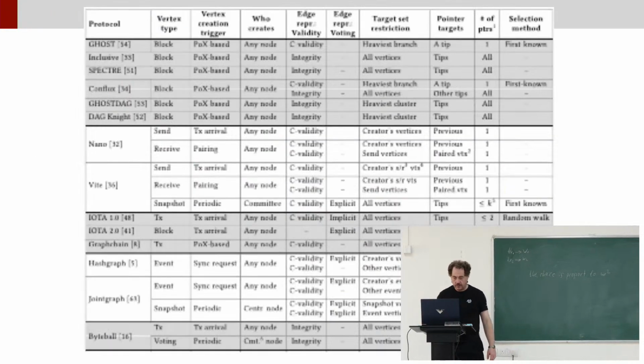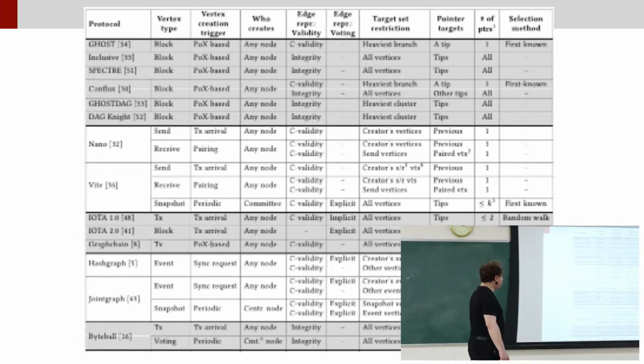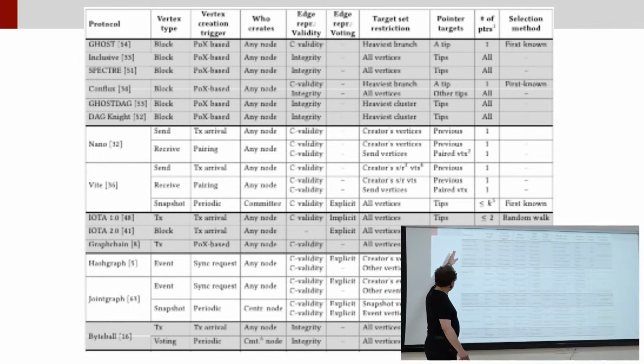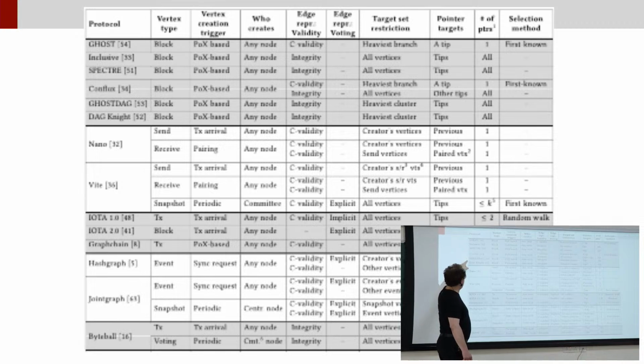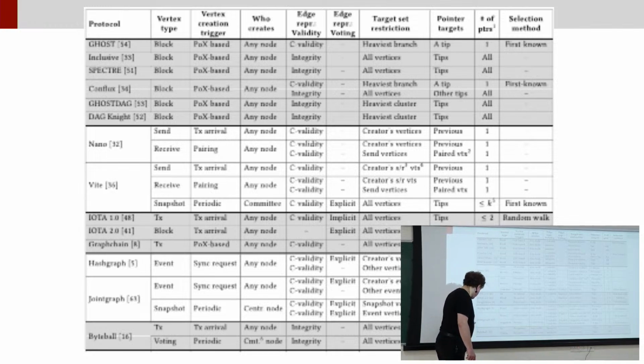So here you can see a table with different DAG-based systems: Ghost, Inclusive, Spectre, Ghost DAG, DAG-NIT, Conflux, Nano, Vita, Graph Chain, Hash Graph, Joint Graph, and Byteball.